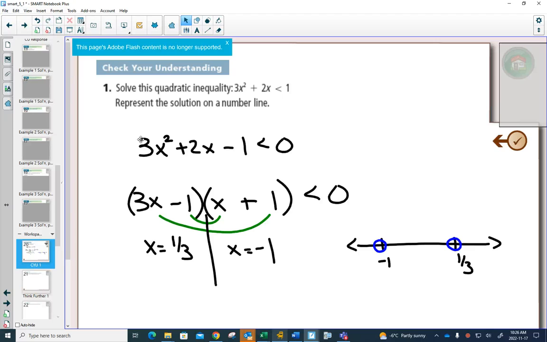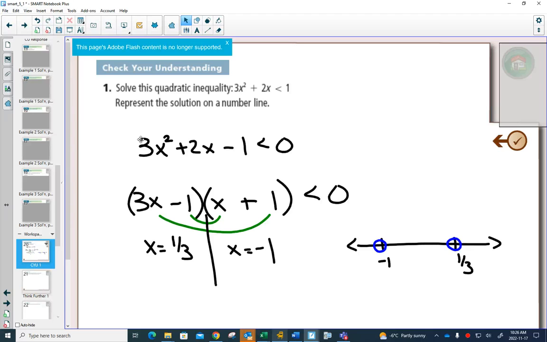So I'm going to start with the test point idea to show you how it works. Then I'm going to show you the graph as a way to check. Even though the graph method is easier now, you need to know the test point method for calculus later.